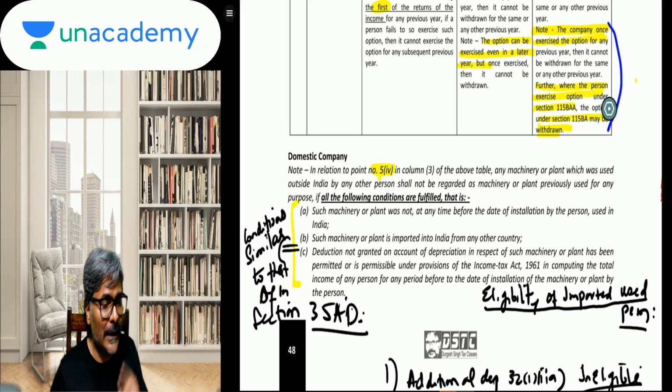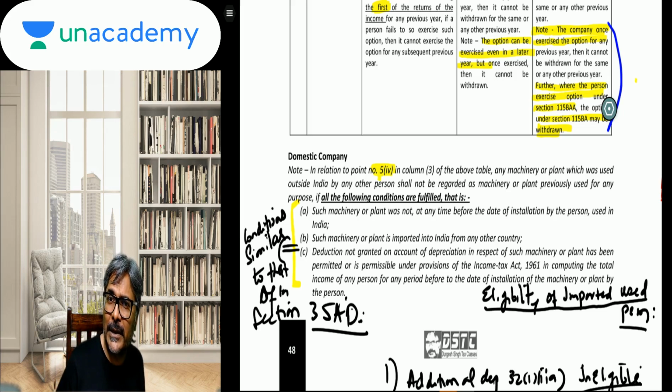But if you see, students, the provision of 35AD, there I have told you that look, for imported plant and machinery there is a relaxation. For imported plant and machinery, students, we had the relaxation, if you remember that.